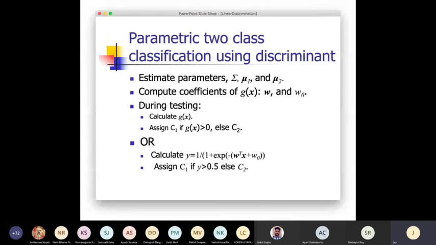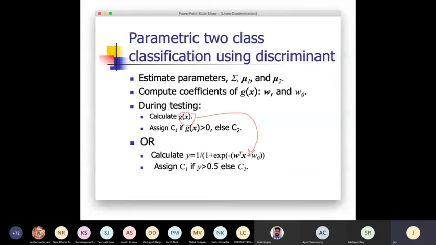Or what you can do is use these logit concepts. That means you can compute the posterior directly by y by 1 plus. You can see that this g(x) term is converted and used here. So you are computing the posterior here directly.